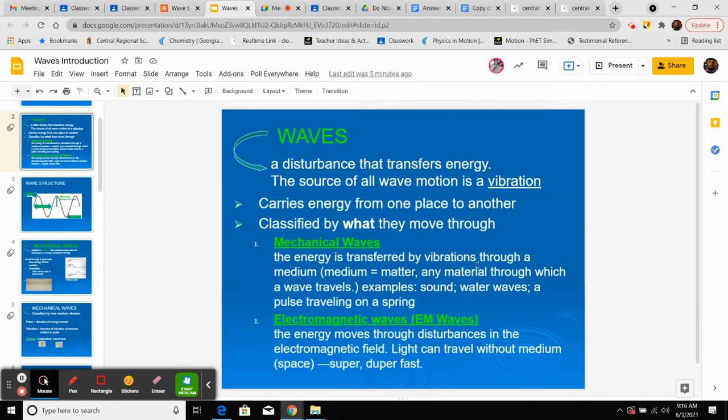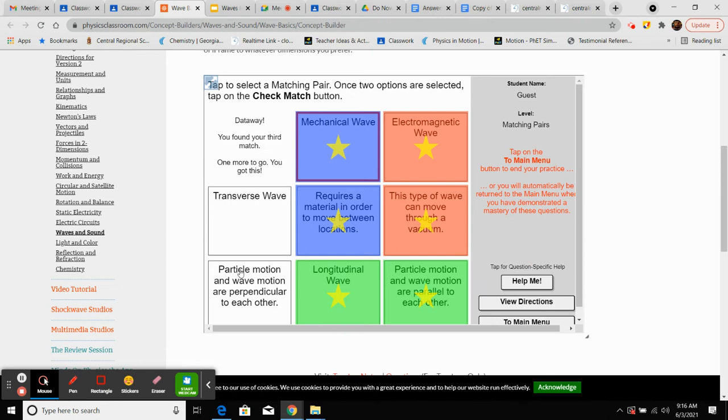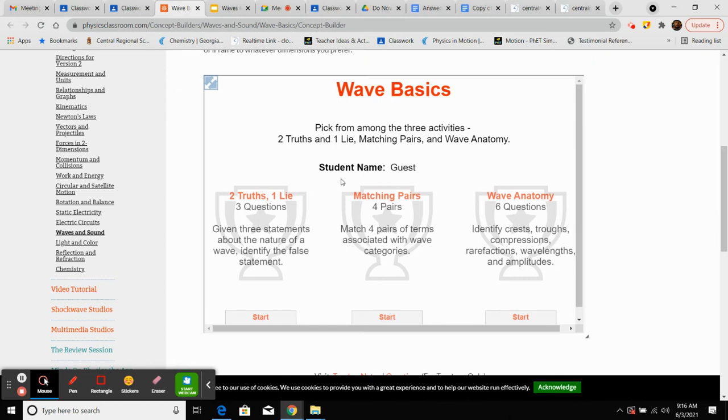Okay, energy is transferred by vibrations through a medium such as a solid, liquid, or gas. Okay, so which one? Bam. The one under it? Longitudinal wave. Is that parallel or perpendicular? Good, parallel. And then transverse are the ones that are perpendicular. Bam, we got our trophy.